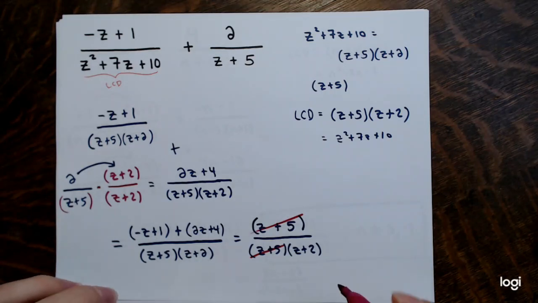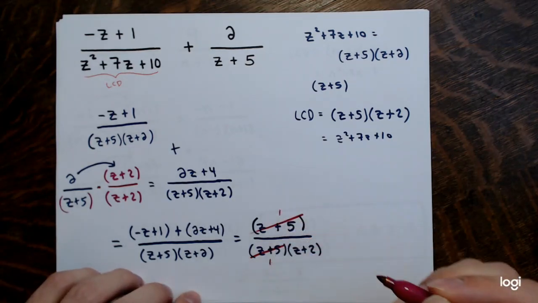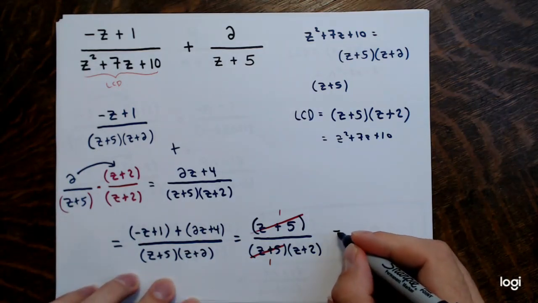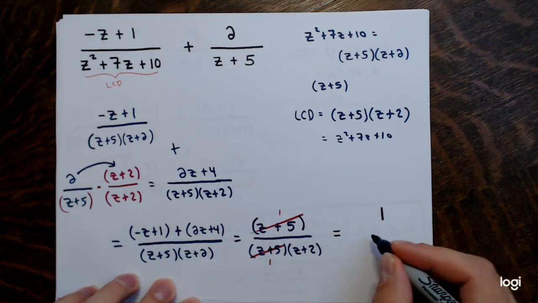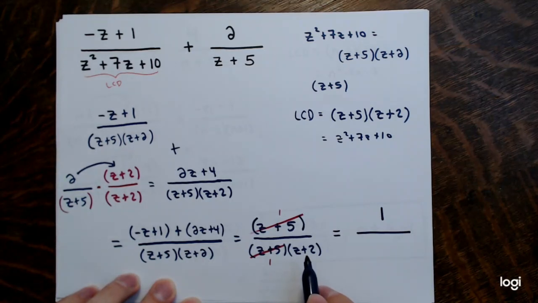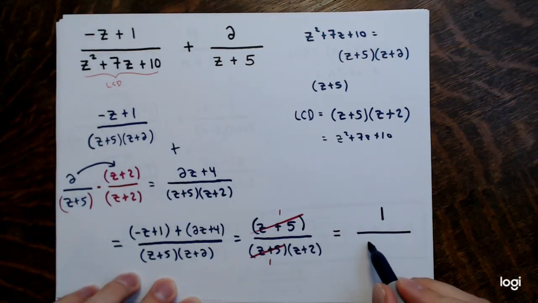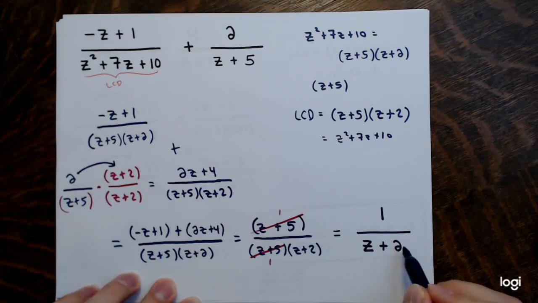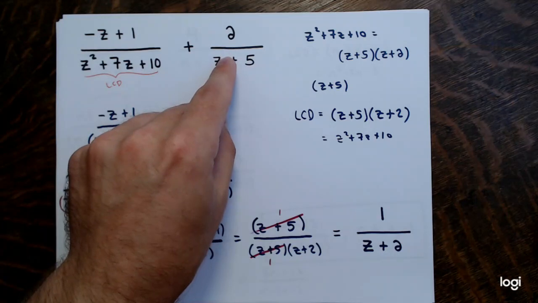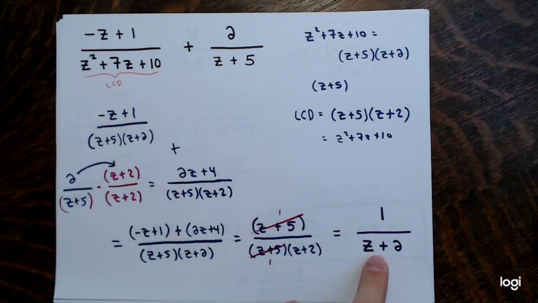Now remember, when you divide those out, technically these become 1, right? Anything divided by itself is 1. So what I'm left with at the end is 1 divided by, 1's the only thing left in the numerator. And the only factor left in the denominator is z plus 2. And since it's the only factor left, there's really no need to have parentheses around it. So yes, this fraction plus this fraction will be equal to this fraction here.